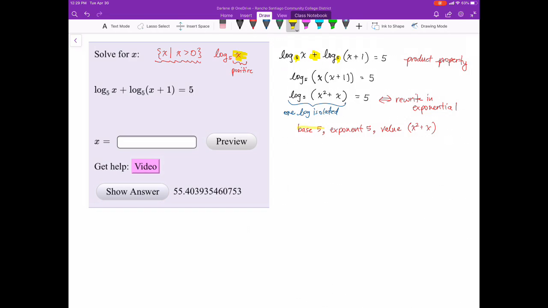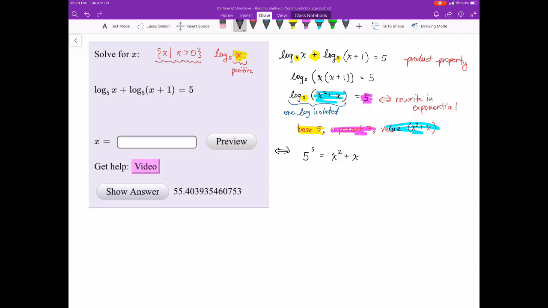The base 5 comes from the base of the log. The exponent 5 comes from the 5 on the right side of the equal sign. And the value comes from the argument of the log. So when we rewrite this, we write base 5 to an exponent of 5 equal to the value x squared plus x.